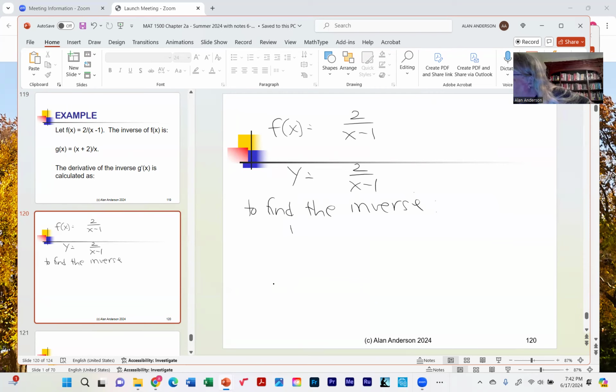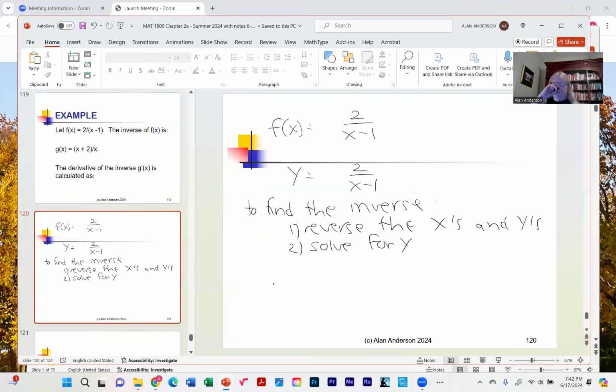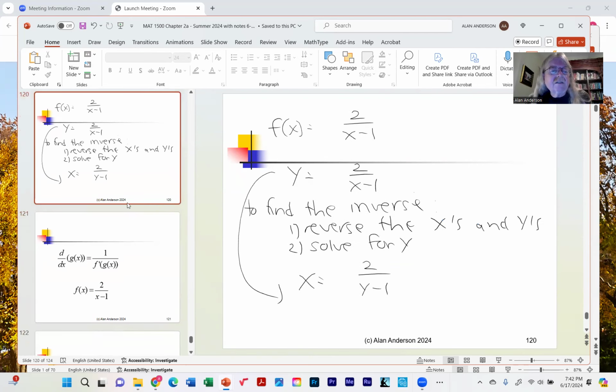So what you're doing is reversing the x's and y's, and then solving for y. Here that means this becomes x equals 2 over y minus 1.